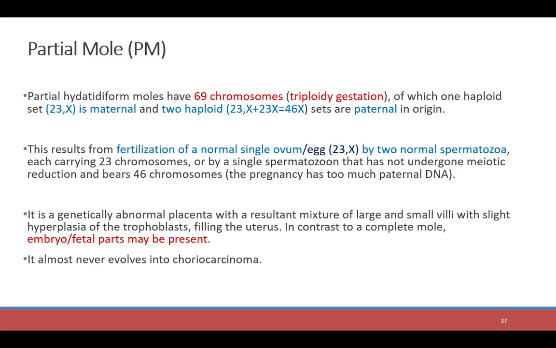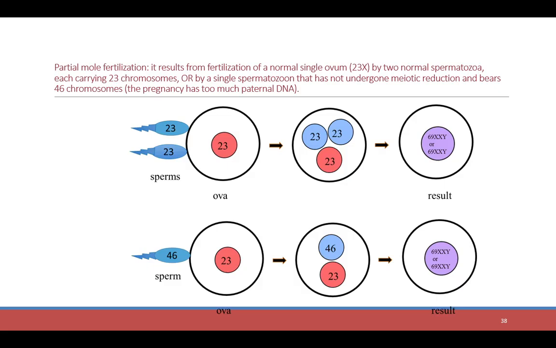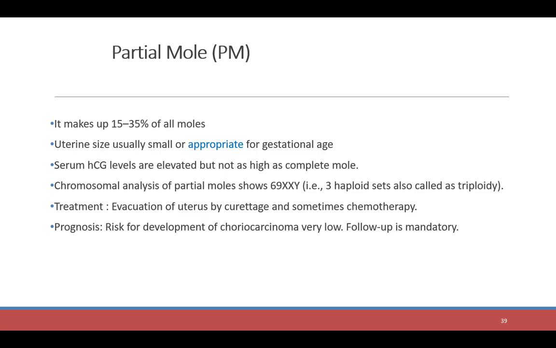Fetal parts may be present in partial mole. If we see a fetal part, this is not complete mole at all. Choriocarcinoma, as we said, can develop in complete mole. Extremely rare, or actually will not develop, in partial mole. So 69 in partial, 46 in complete mole.